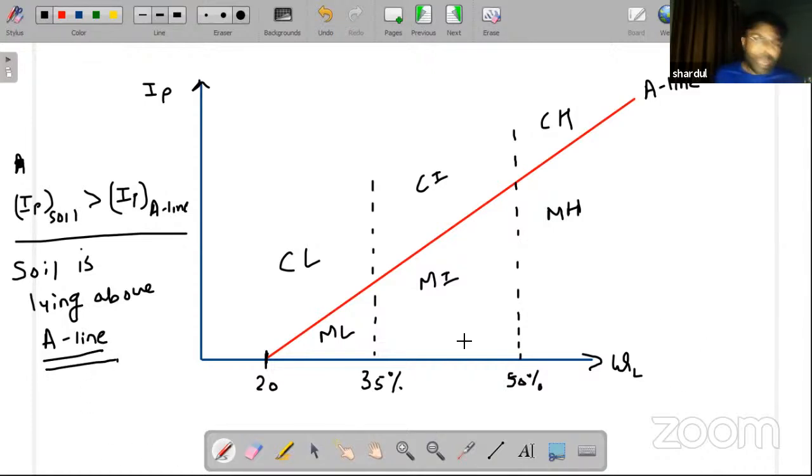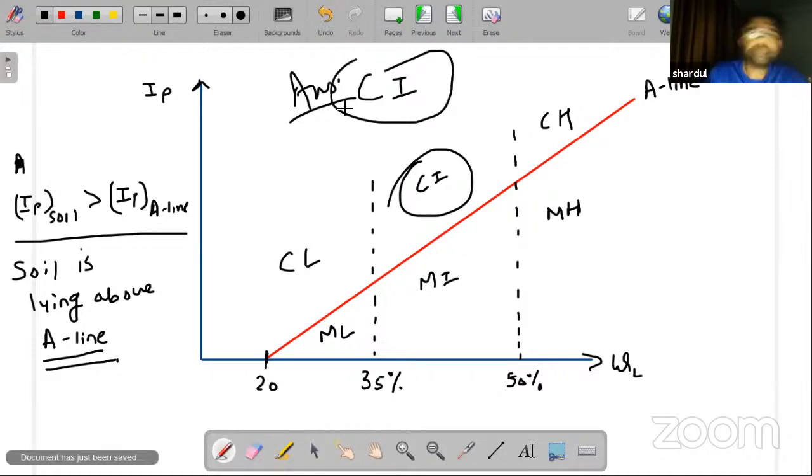And since the soil is lying above the A line and the liquid limit of the soil was 40%, therefore, obviously, the answer for this question will be CI. Okay.